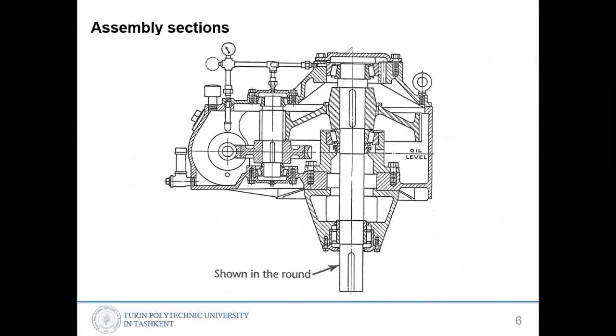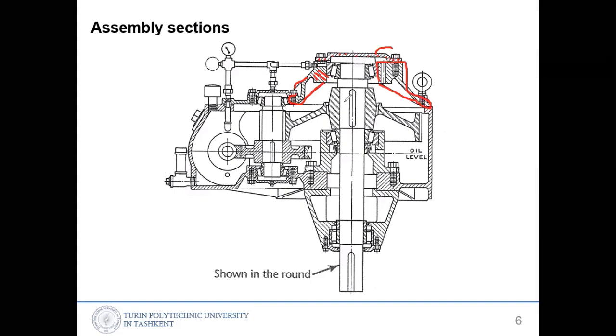If you have a different direction of the sectioning lines, like hatching, this means a different part. So this is the top lid of the part, as a different part, and here the direction is different, so this means a different part.